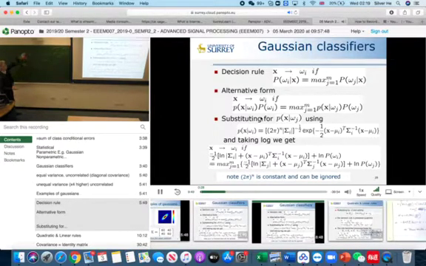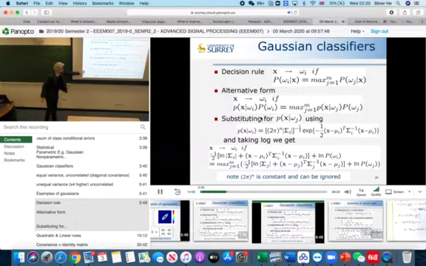So we've got these two terms. If we take the log of this, then this comes out as a quadratic term, and this comes out as a constant value for that particular class.